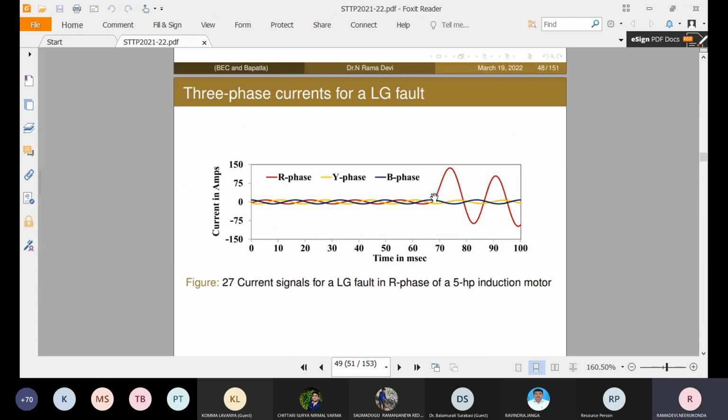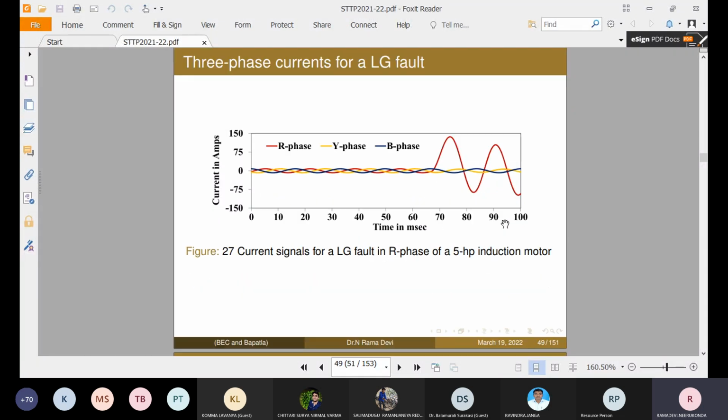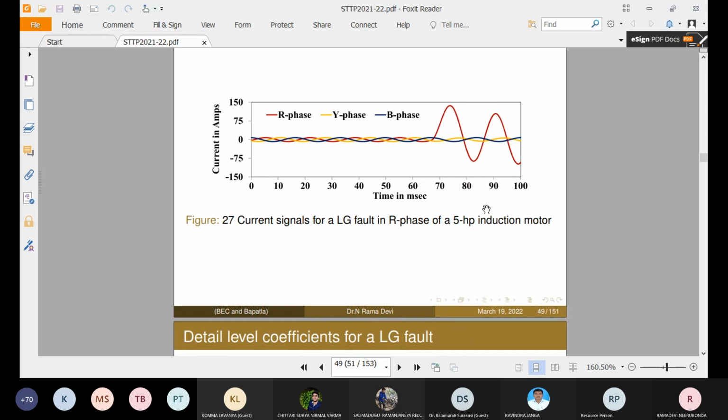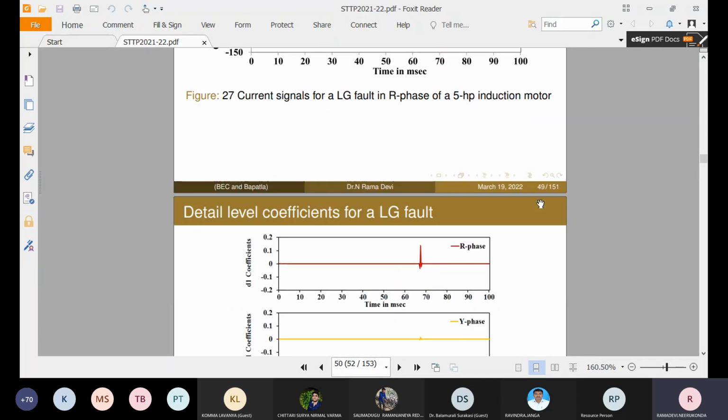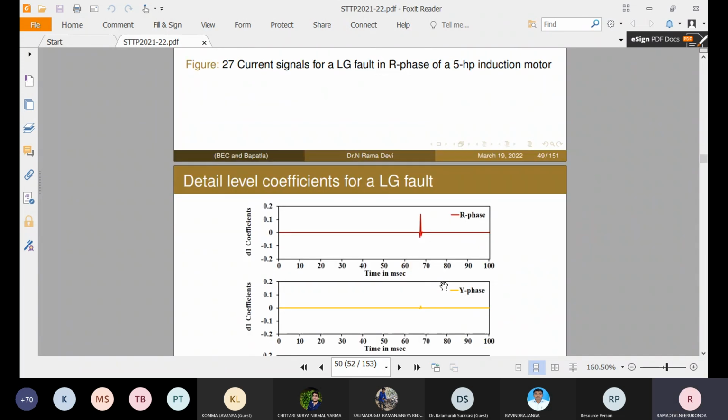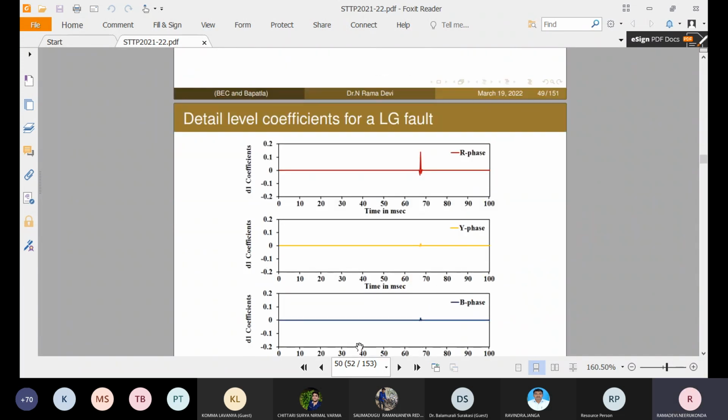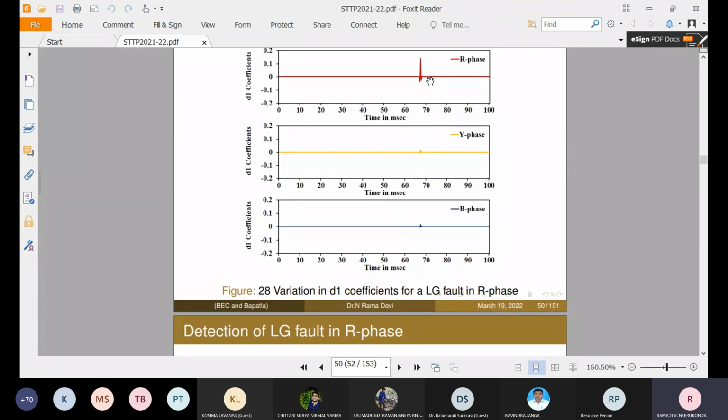In the line to ground fault in the R phase of the 5 HP induction motor, the current magnitude shoots up abruptly when compared with the remaining two phases. We observe that in the detail level coefficients of the LG fault. The detail level coefficients of the three-phase currents also give the same information.